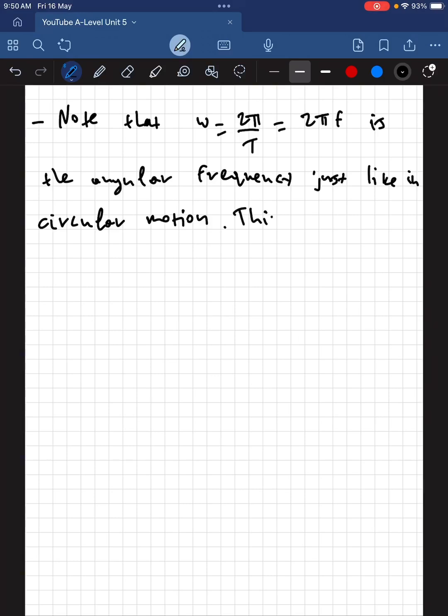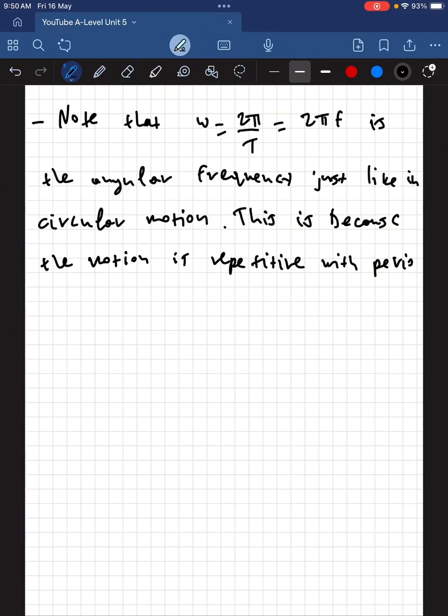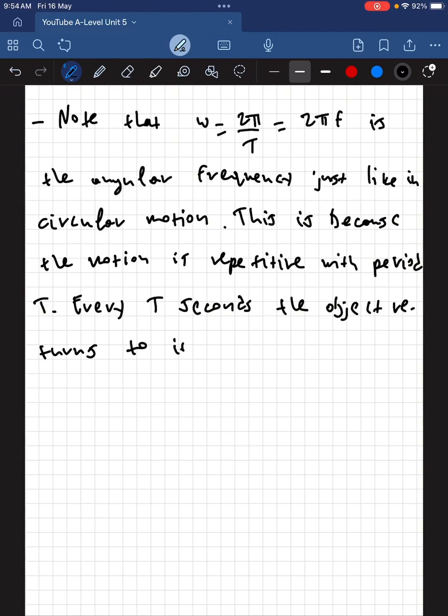The reason why we use the same angular frequency is because the motion is repetitive with period T. Every T seconds, the object returns to its original position, just like in circular motion.